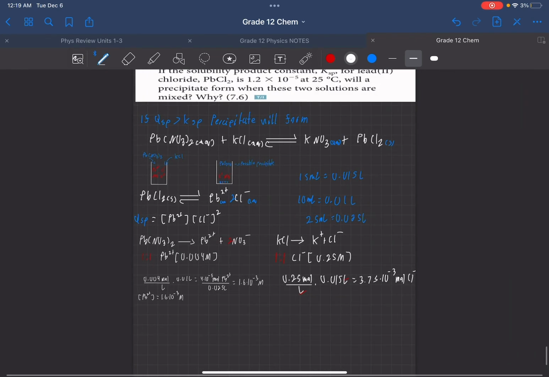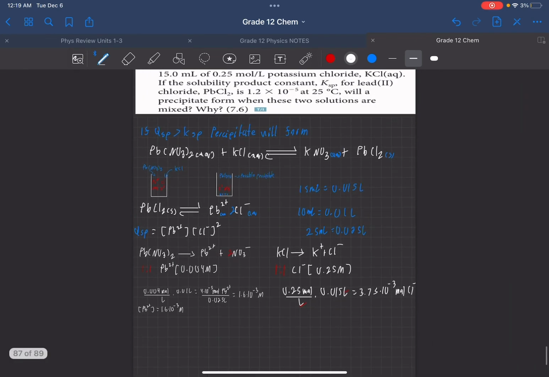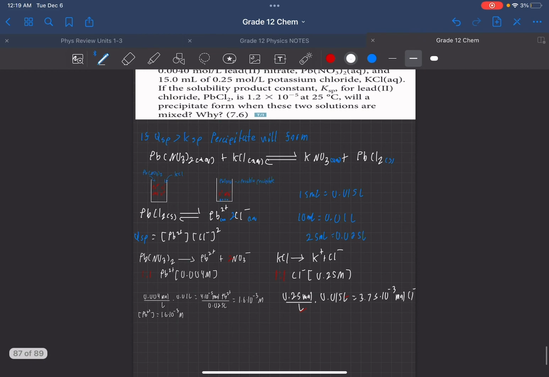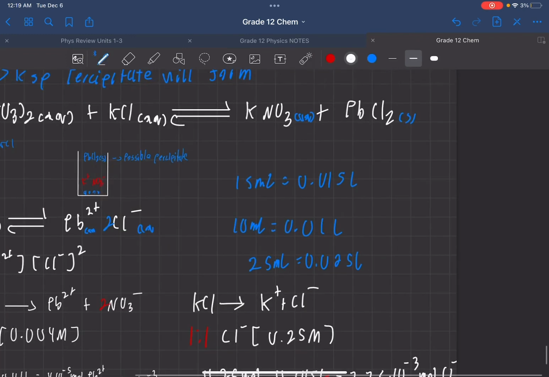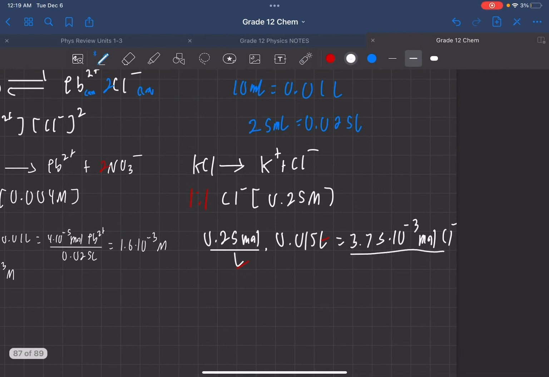But we want the concentration, and we have the new volume, right? That is just the sum of the two volumes that we added into the solution. So that is 25 milliliters or 0.025 liters. So that's all over 0.025 liters.